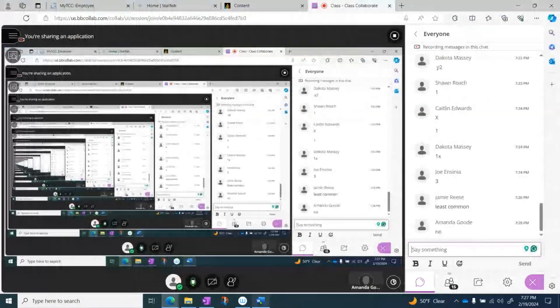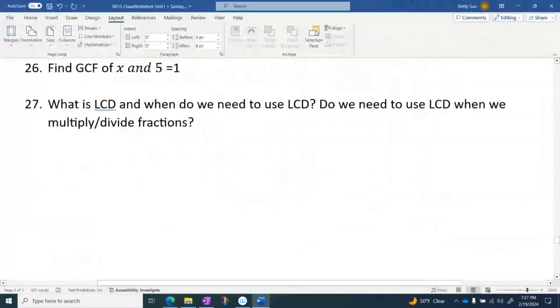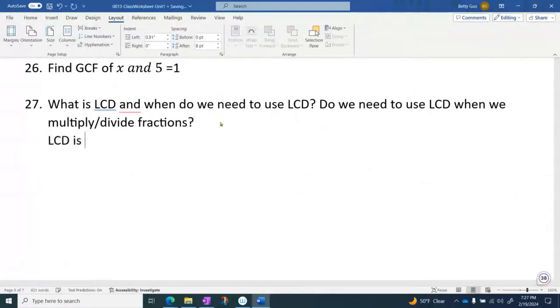LCD refers to the least common denominator.